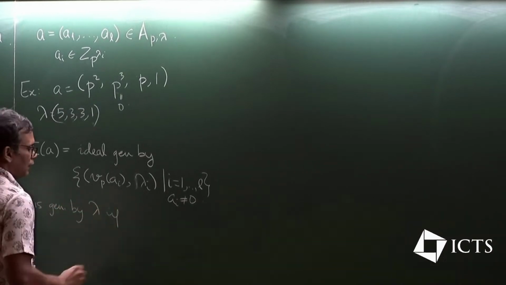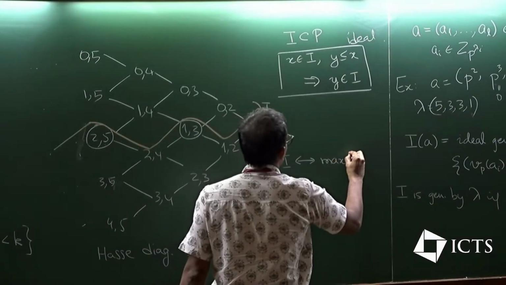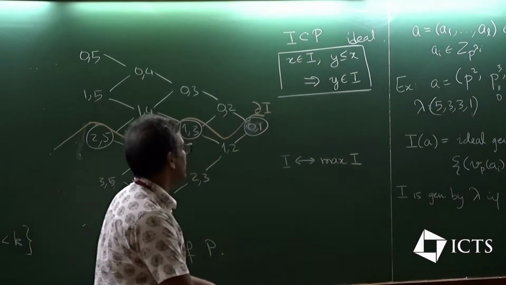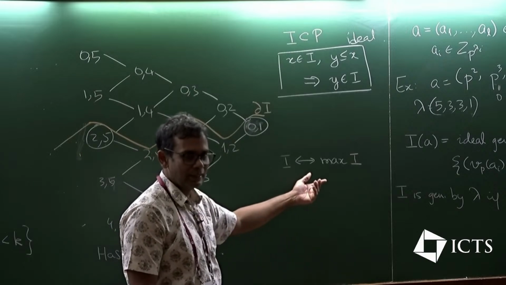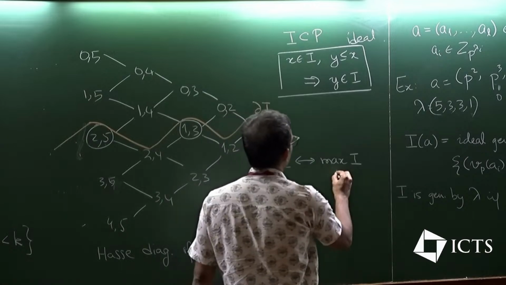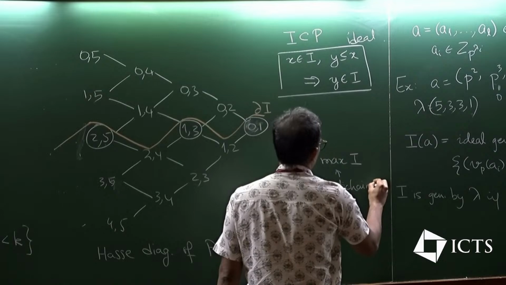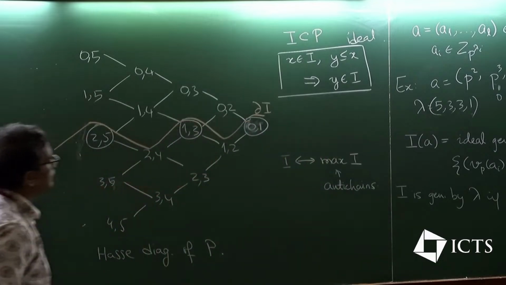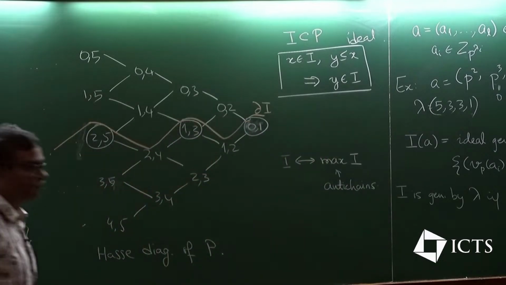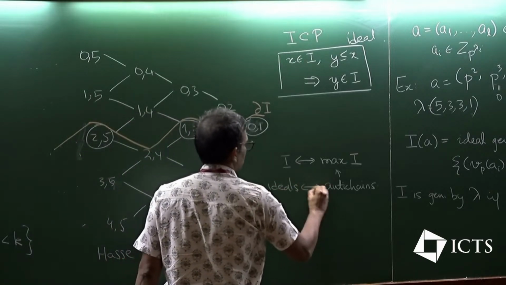if, okay, so another thing about ideals is that ideals are determined by their maximal elements. So each ideal is the smallest ideal containing its maximal elements. And these maximal elements form what are called anti-chains, subsets where no two elements are comparable. So ideals are in bijection with anti-chains.